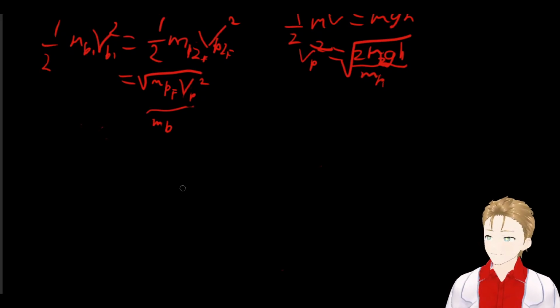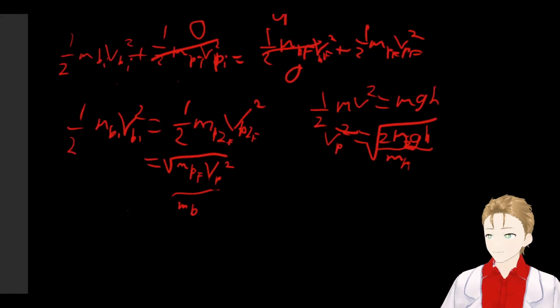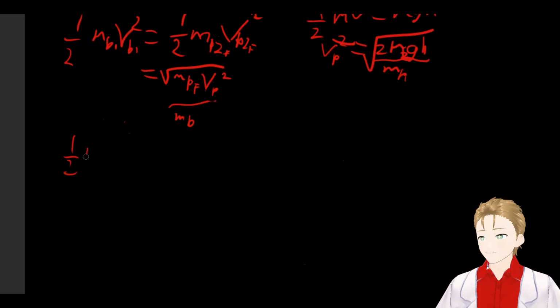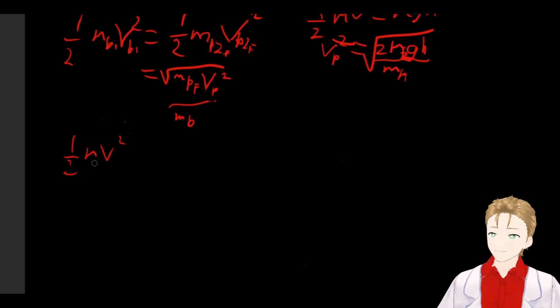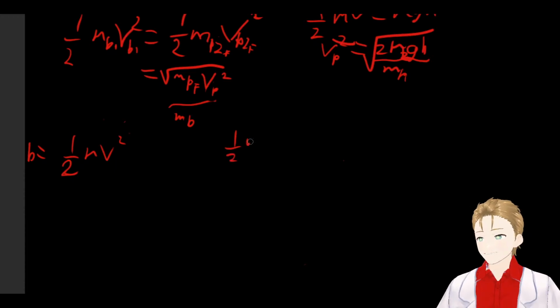Okay. So if you think about it, the bullet's kinetic energy, V squared, is the pendulum's kinetic energy. Initially 0.